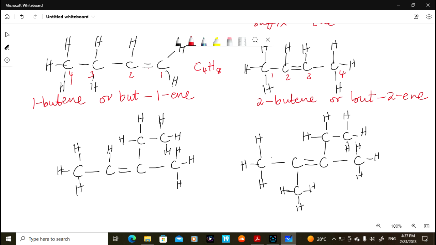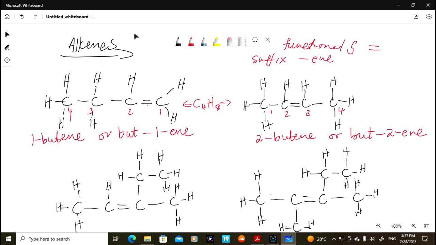They have the same general formula and the same functional group, but the position of the functional group is different. So I would say these two are positional isomers, right? This one and this one, they are positional isomers. So I'm trying to kill two birds with one stone here.